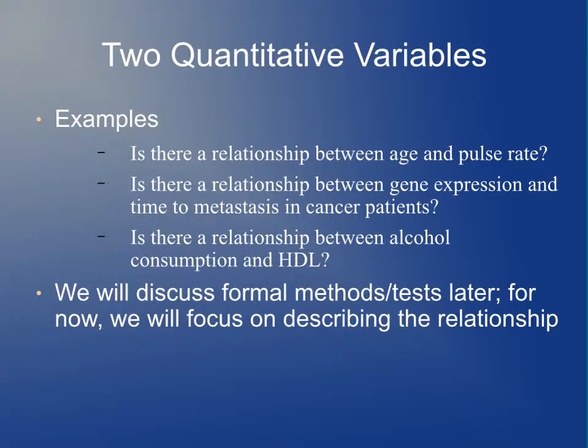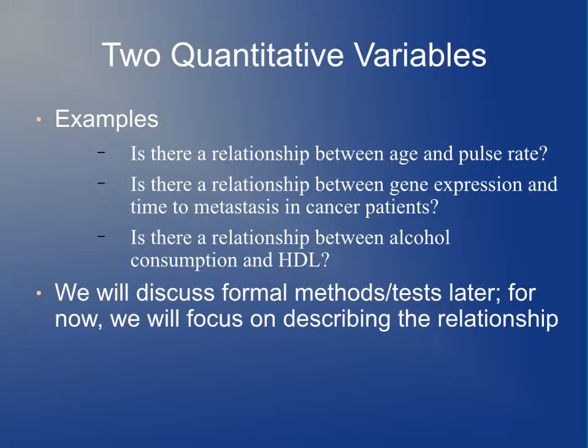But for the rest of today and for the next several lectures, we're going to be considering the case of two quantitative variables. Say we want to know, does pulse rate change with respect to age? Or is there an association between alcohol consumption and HDL, the good cholesterol?